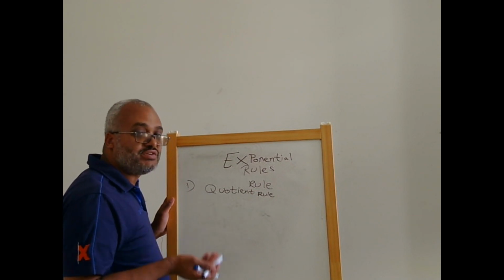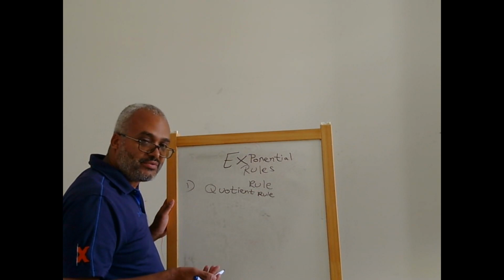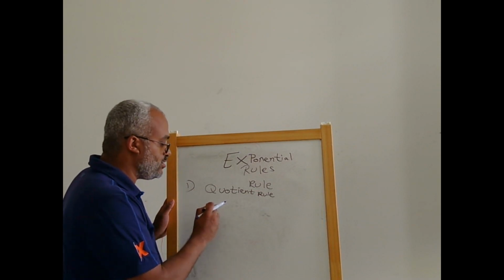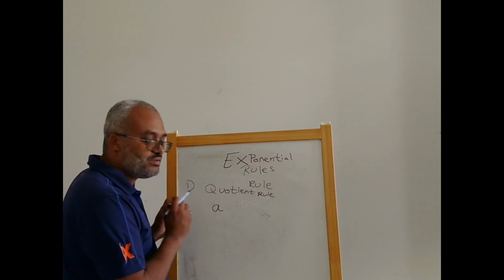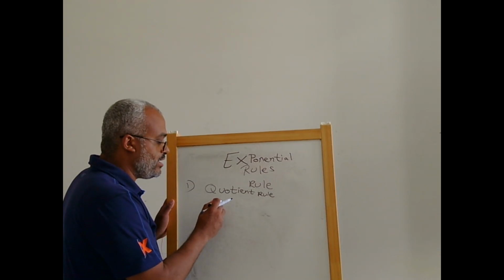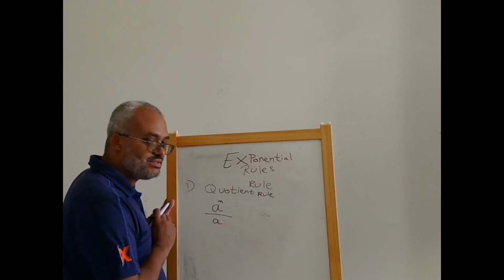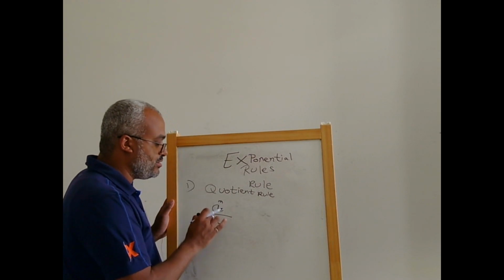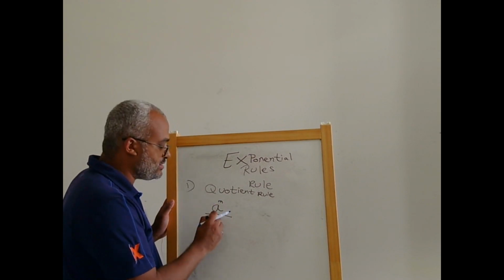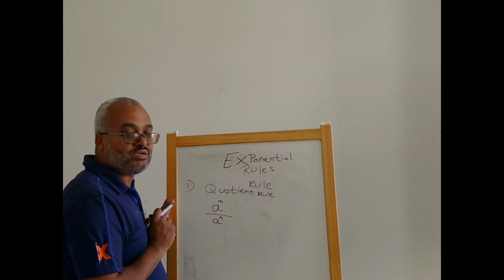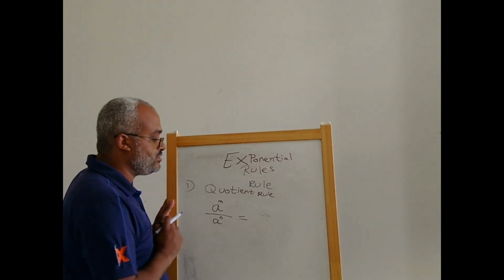Quotient is a division. We're dividing something. So for example, we have the same base, A to the power of m divided by A, same base. So remember, you have to have the same base. Let's say n. Okay? Equal.